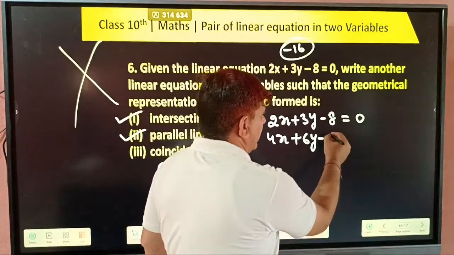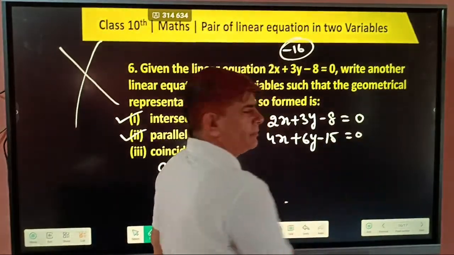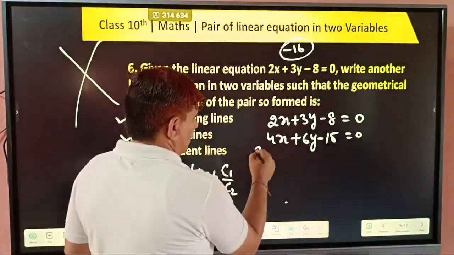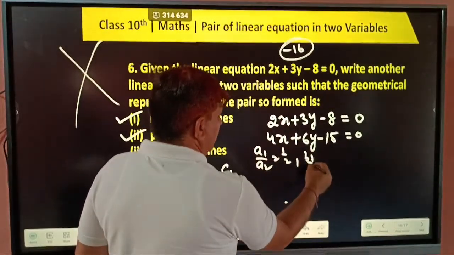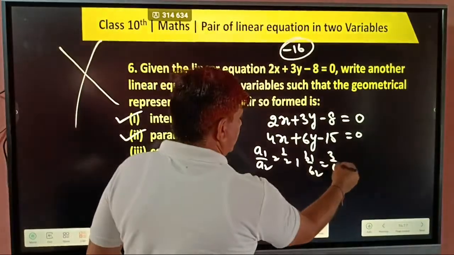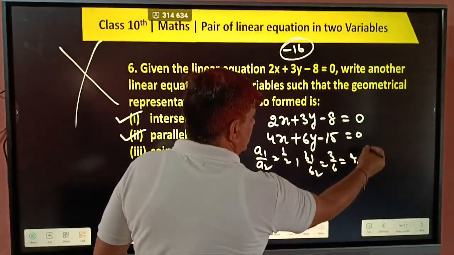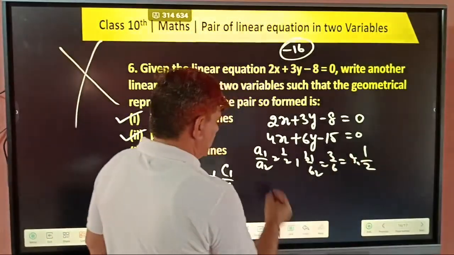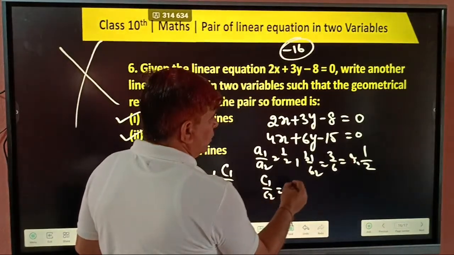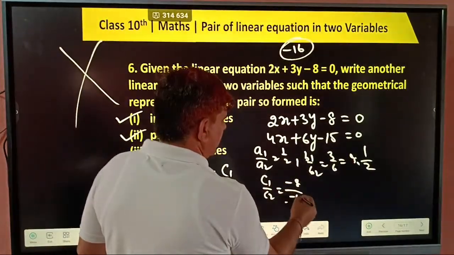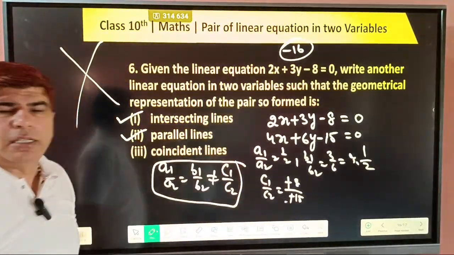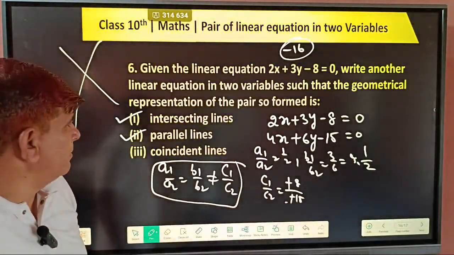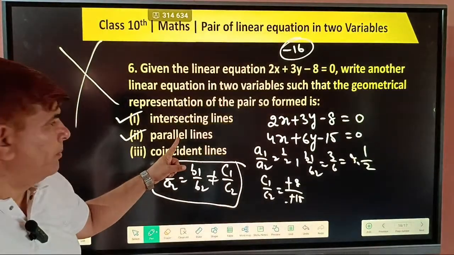Except this, all are right. If you check A1 by A2, 1 by 2, B1 by B2, 3 by 6, which is equal to 1 by 2. But C1 by C2 is minus 8 by minus 16. So is this condition satisfied? Yes. If satisfied, the lines are parallel.